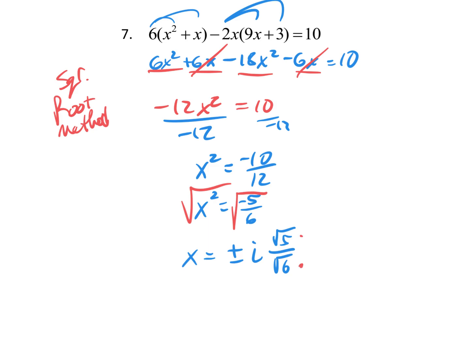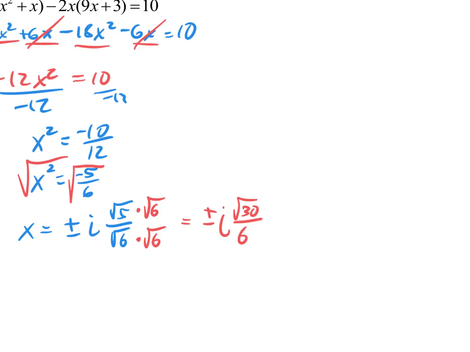We need to rationalize the denominator by multiplying by that square root. And so we have plus or minus i, the square root of 30 all over 6. You can't simplify those.